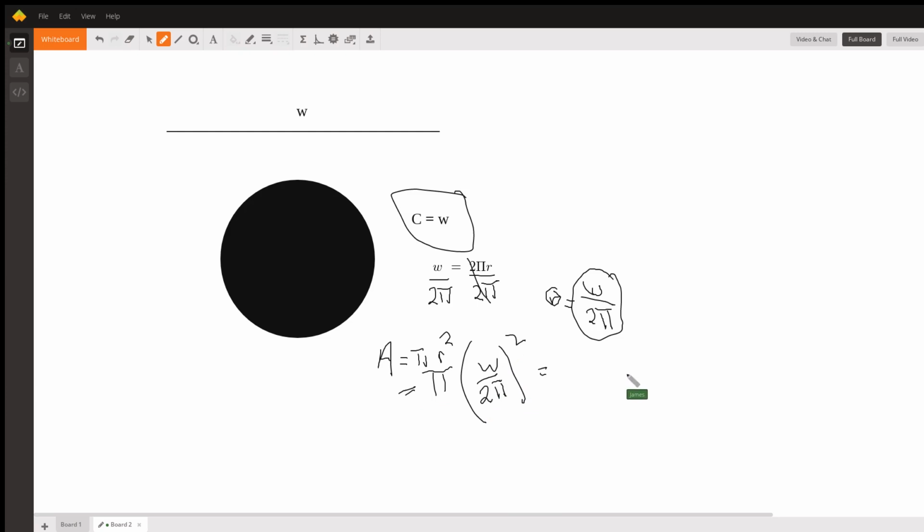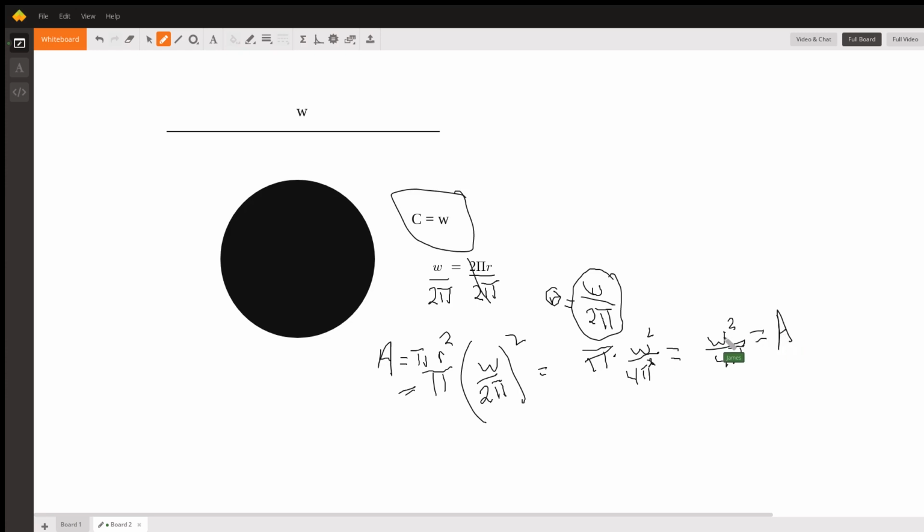We square this fraction, which means we square the top and the bottom. That's how I got to 25 over pi squared last time. So we square 2 pi, and we get 4 pi squared, and that squared is only attached to the pi. We can cancel 1 pi out, and then we end up with w squared over 4 pi equals a.